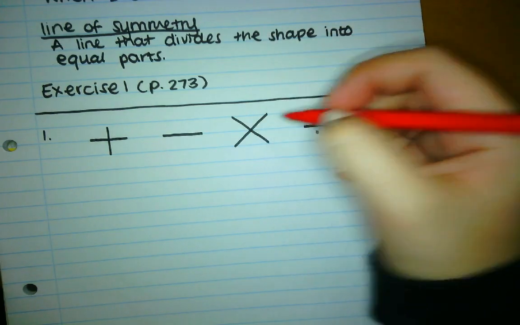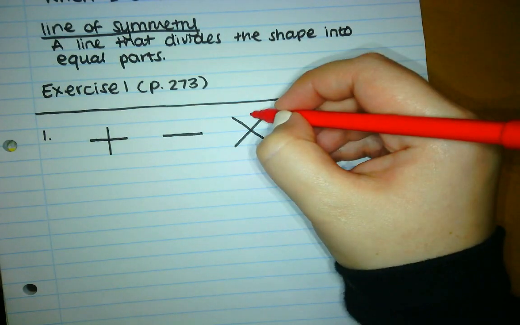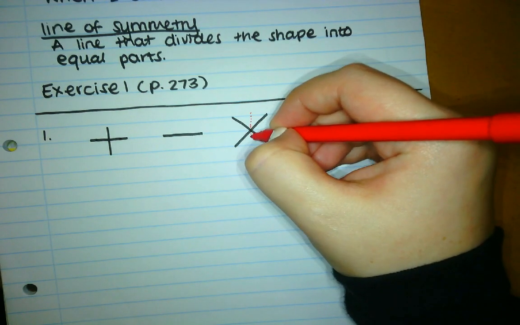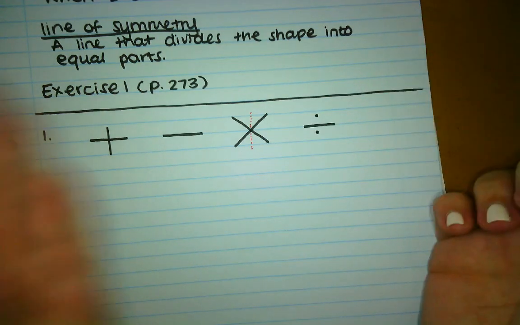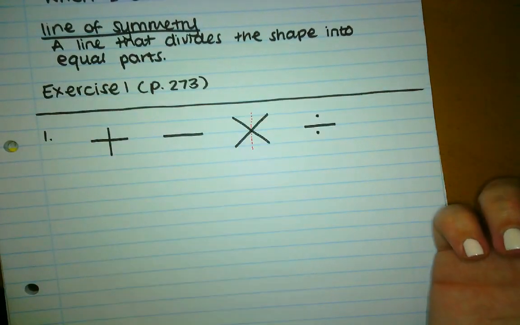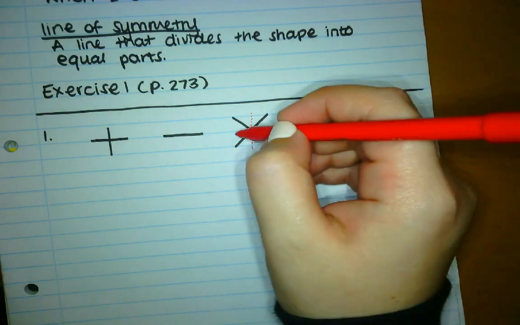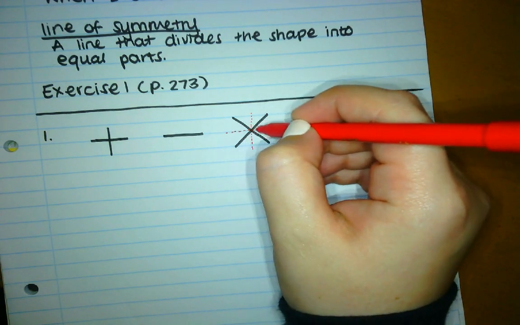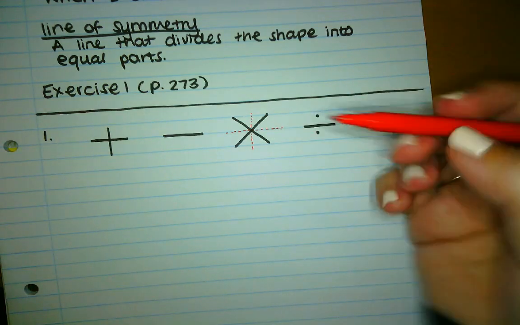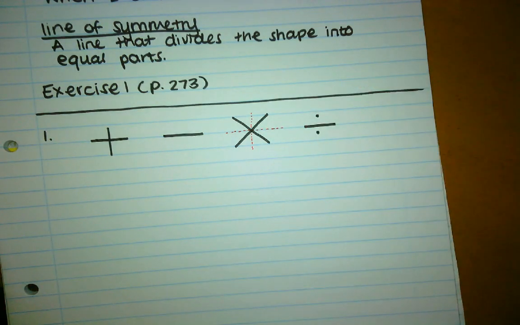So say, for instance, if I look at the times, if I go right through the middle here and I cut it in half, it will fold onto each other. Okay? The same way if I go this way and I cut it that way, it will fold onto each other.